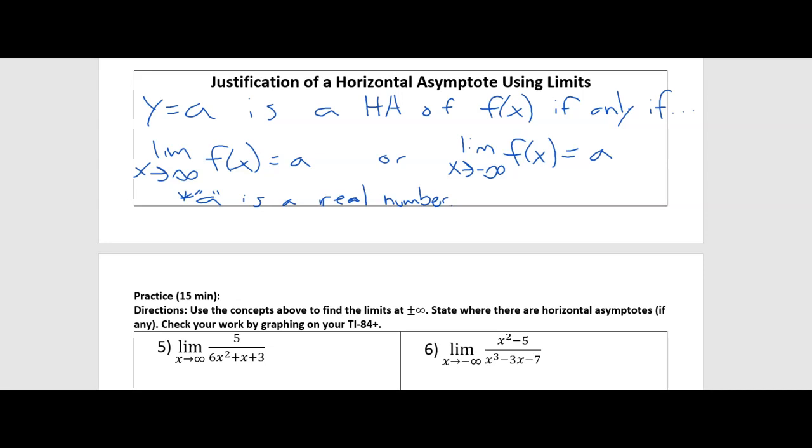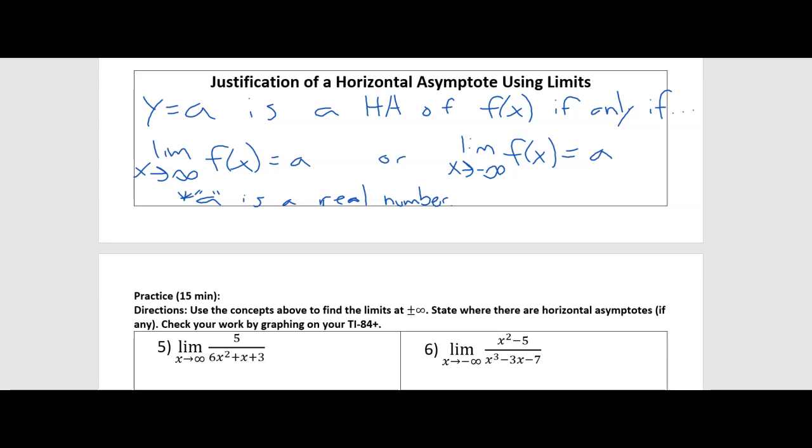If the limit as x approaches infinity is equal to 10, and the limit as x approaches negative infinity is equal to 5, then we would have two horizontal asymptotes, one at y equals 5 and one at y equals 10. So again, as long as one of those limits is equal to a real number, that real number will be one of the horizontal asymptotes.